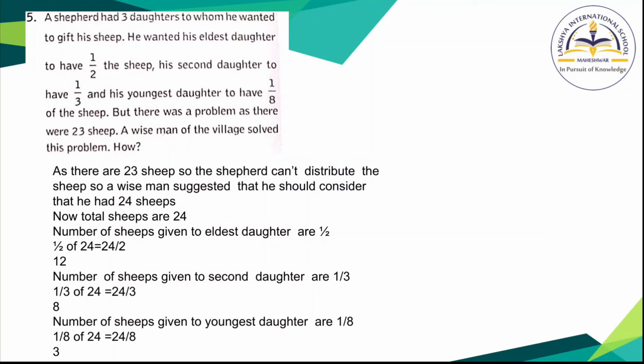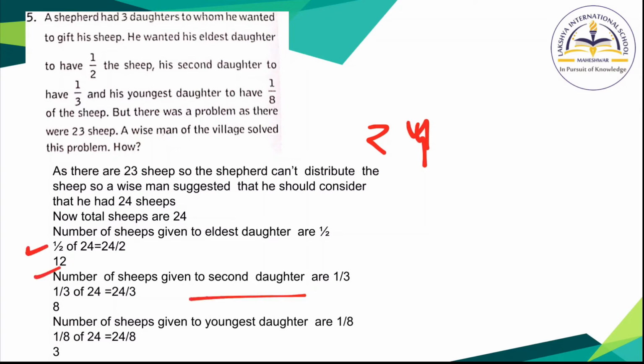How? So the solution is, as there are 23 sheep, the shepherd can't distribute the sheep. So a wise man suggested that he should consider that he had 24 sheep. Now we can easily calculate 1 by 2 of 24, that is 12.